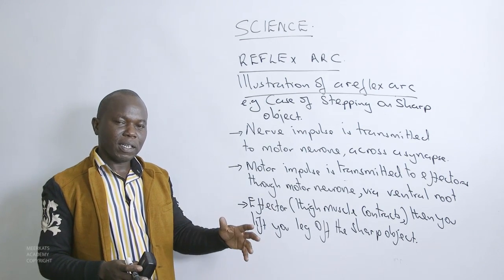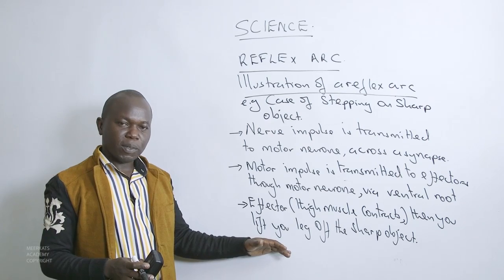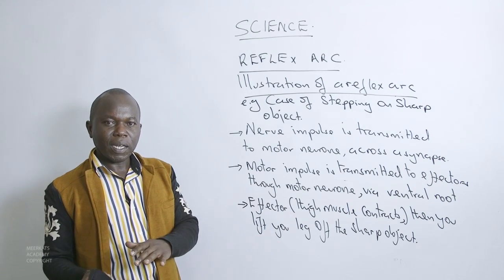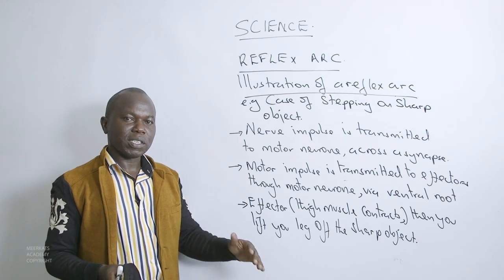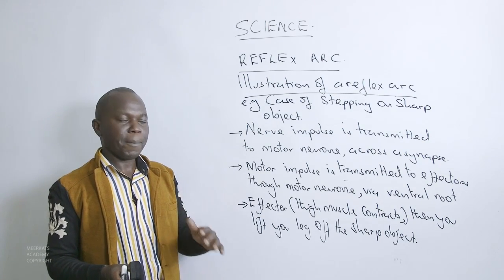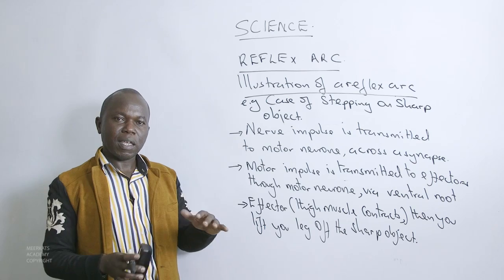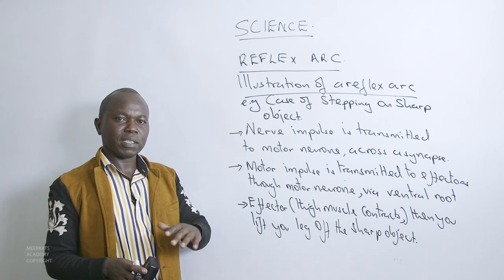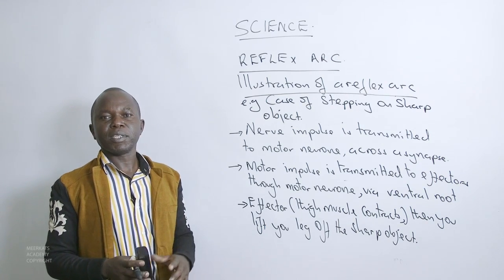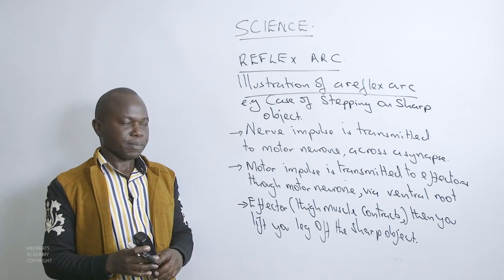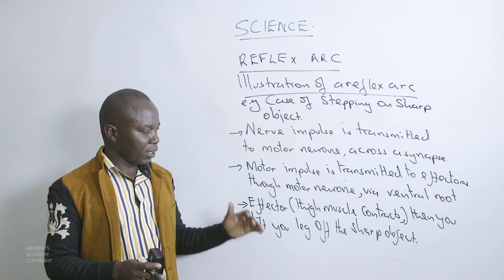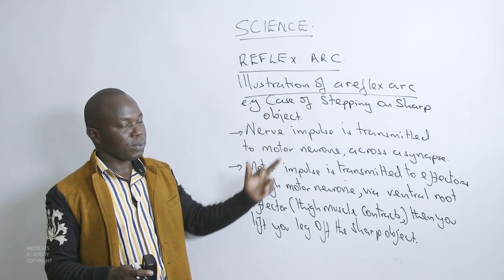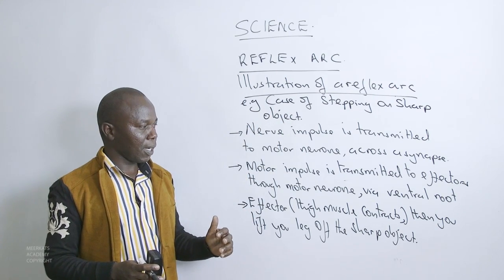You don't have to learn that when you step on a hot object you will be burnt. No, that happens even to a young child or a baby that has not been exposed to the same experience; they will respond in the same way. Reflex action, resulting in a reflex arc.